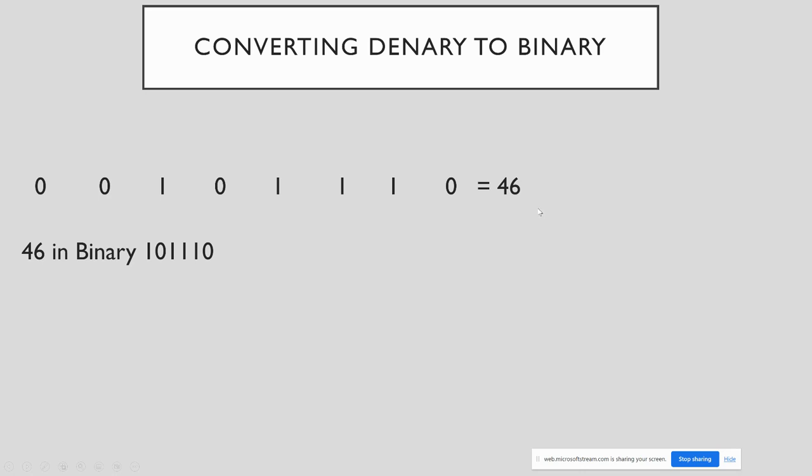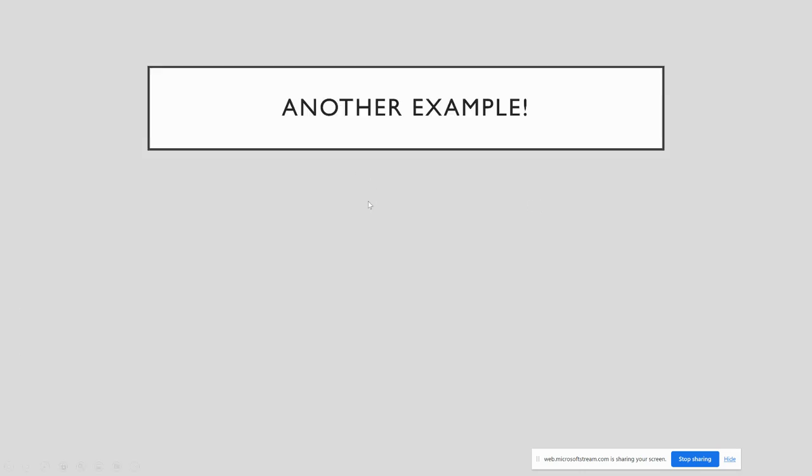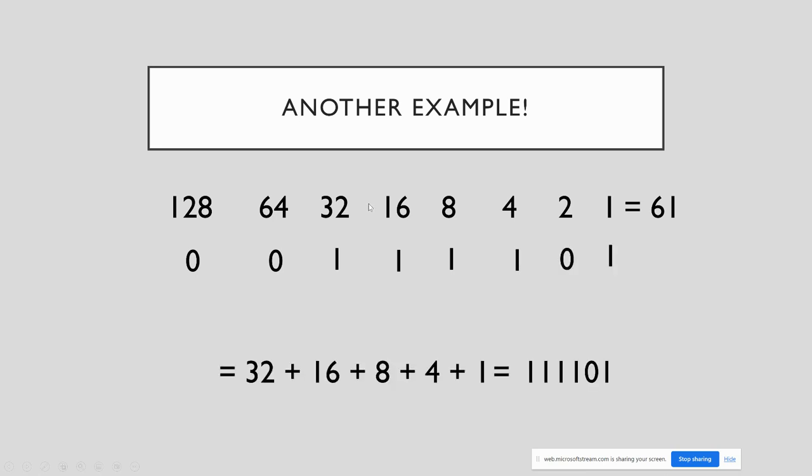Also, let me just quickly talk about the most significant and the least significant. When it comes to binary, that's something we need to know. Let's say here we have 1, 2, 3, 4, 5, 6 bits here, yeah?